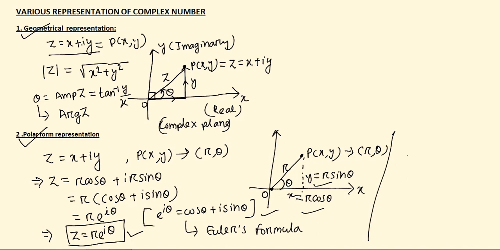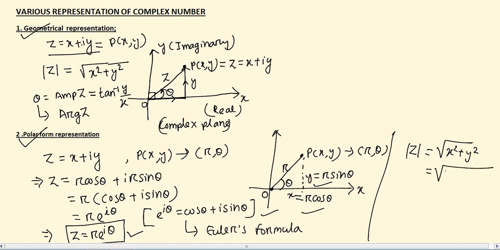Now we know that the modulus of a complex number is given by square root of x square plus y square. So if you put the values of x and y, that is r cos theta and r sin theta, you will get the result r, which is equal to mod z.